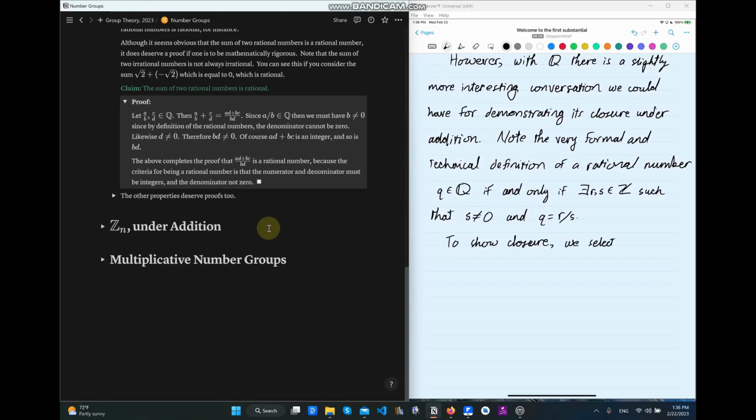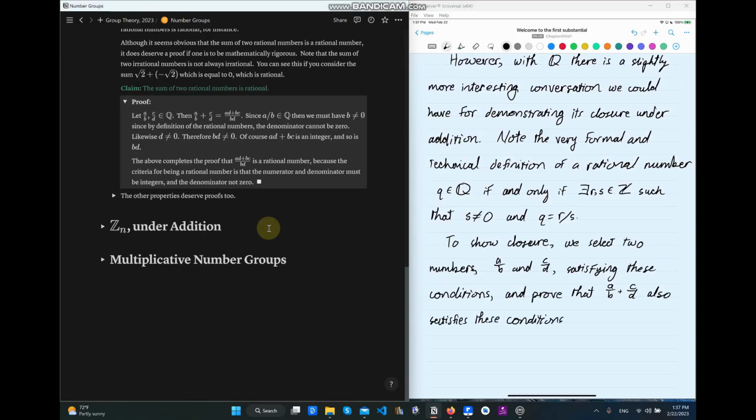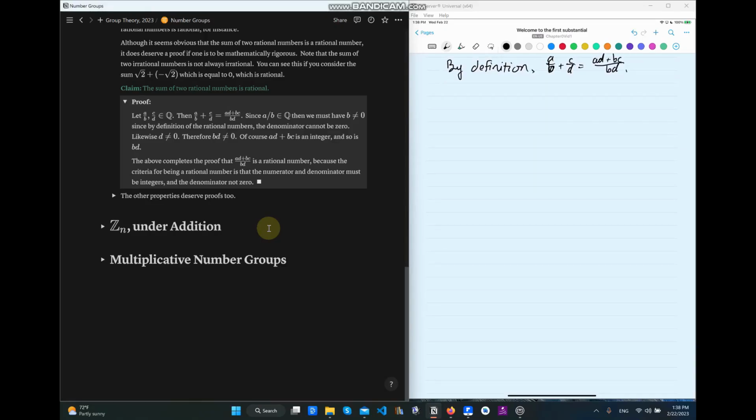To show closure, we select two numbers, a over b and c over d, satisfying these conditions, and prove that a over b plus c over d also satisfies these conditions so that it is a rational number. By definition, a over b plus c over d means ad plus bc over bd.